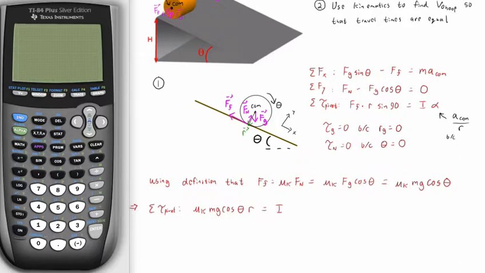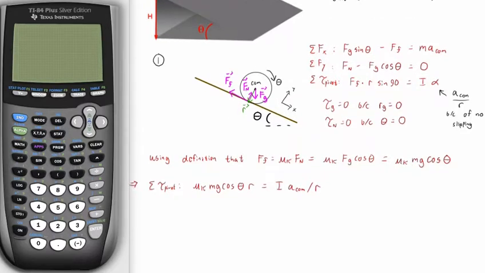If translation and rotation are synchronized, then that is always the case. So we have A com divided by the radius of the object. Let's go ahead and solve for A com in terms of these quantities.